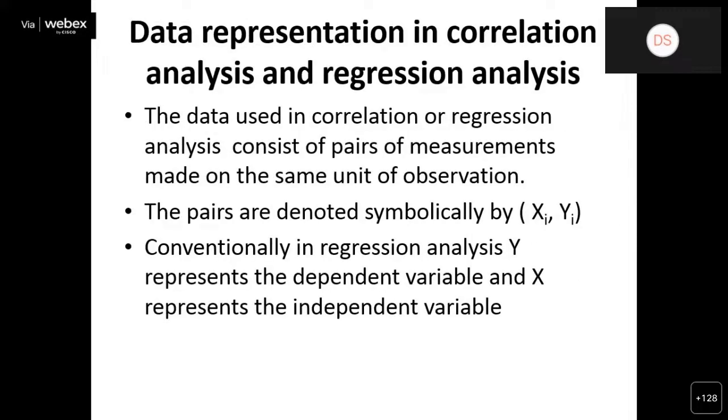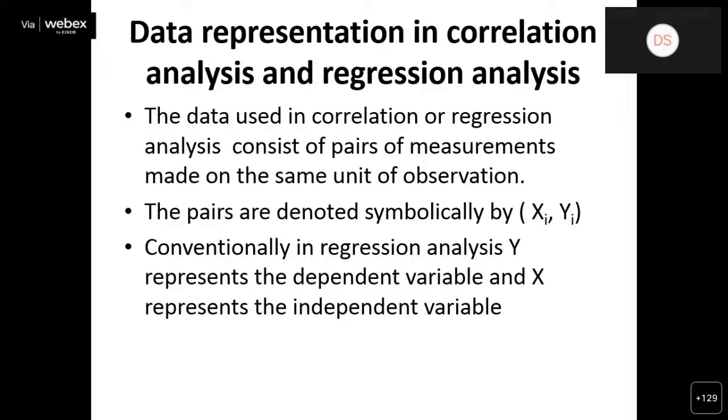So, the data representation in correlation analysis and regression analysis: the data used in correlation or regression analysis are pairs of measurements made on the same unit of observation. The pairs are denoted symbolically by xi, yi. The first example I told you is a pair. One pair is how far they are staying from the center and how many visits they are making.